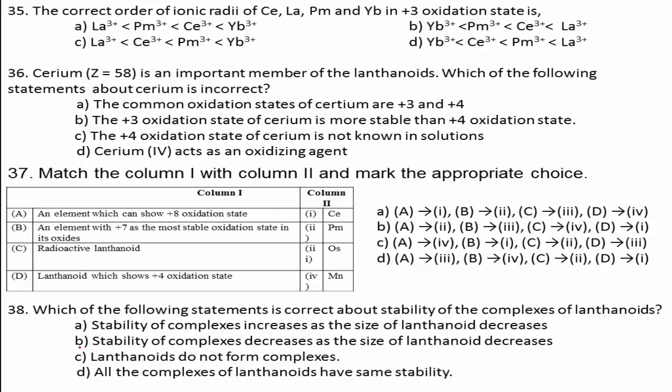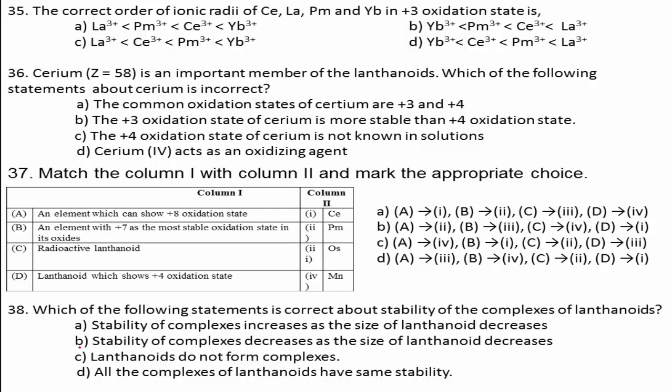Yes, here Pm means promethium, Yb means ytterbium. We know lanthanoid contraction is observed in these ions, that is, ionic radius decreases as atomic number increases. Lanthanoid contraction is due to the gradual decrease in the atomic size with increase in the atomic number.